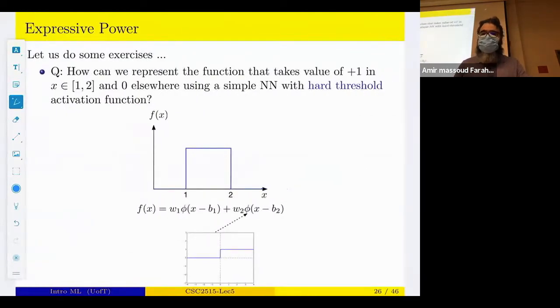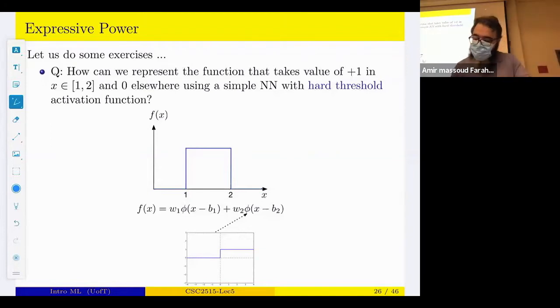Okay, so I have some exercises. You can think about them later, just to give you some hands-on experience, by pen and paper, of how a neural network can represent arbitrary functions.